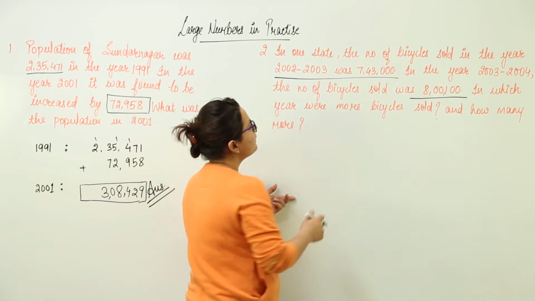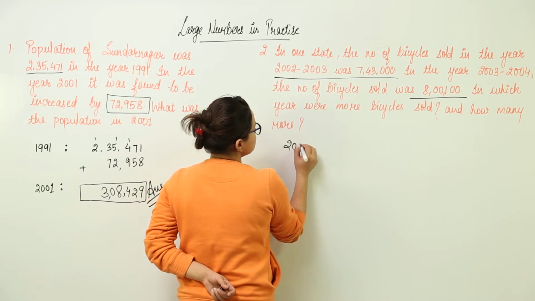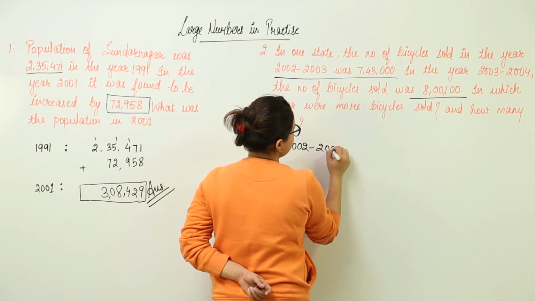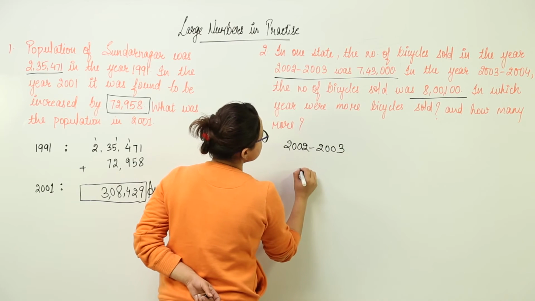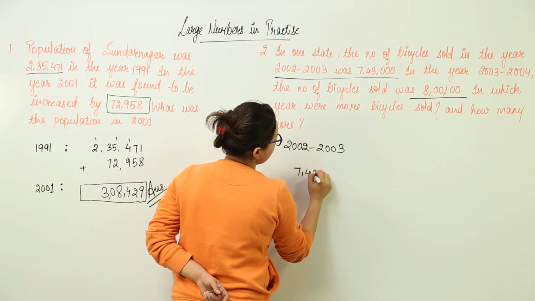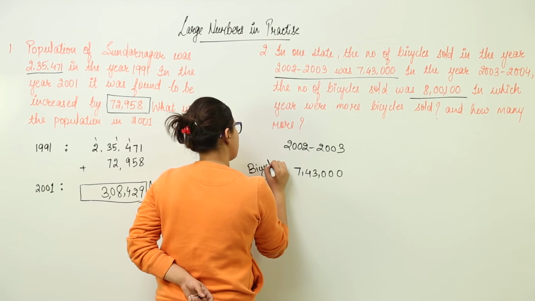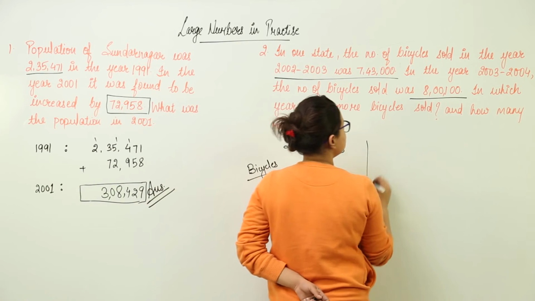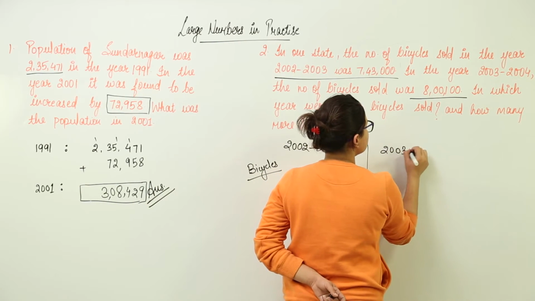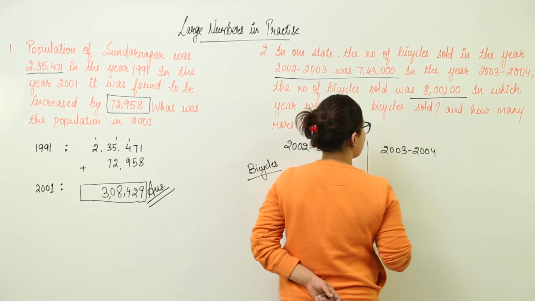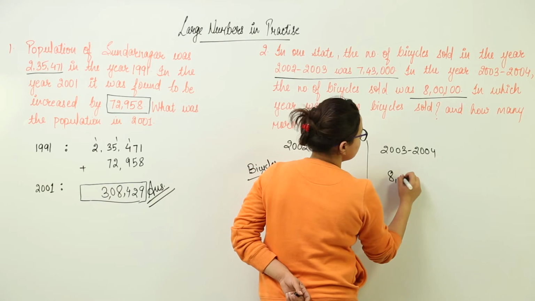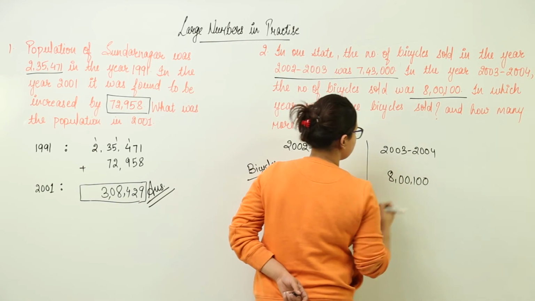So can you compare, in the year 2002 to 2003, how many bicycles were sold? 7,43,000 bicycles. Now for the next year, that is 2003 to 2004, how many bicycles? 8 lakhs and 100.